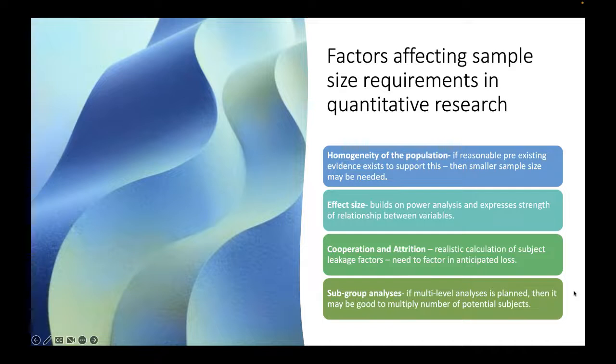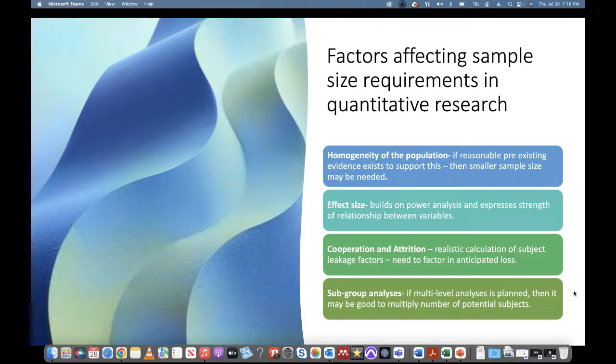Then, of course, if you are going to study one thing about a group, then your initial calculation of the sample can work. But if you're going to study the group, one layer and another layer, and analyze layers in the groups where you literally break one human being into now 10 entities of interest, then of course you must now multiply your potential subjects.